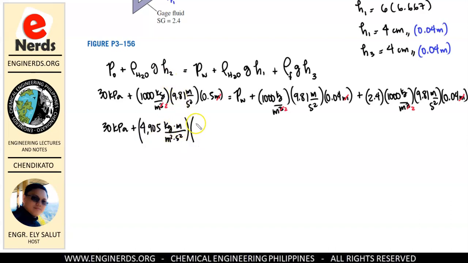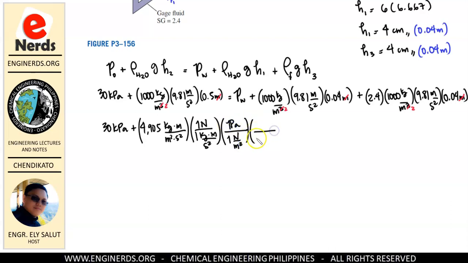So we have 1 Newton is 1 kilogram meter per second squared, and we need to convert that to Pascal. So 1 Newton per square meter is equal to 1 Pascal.